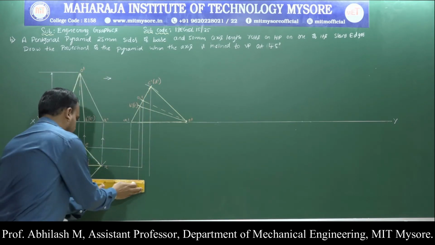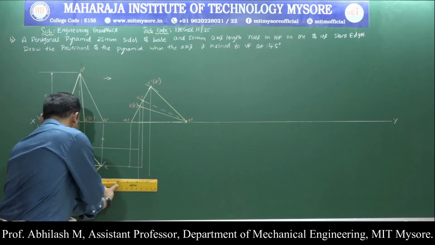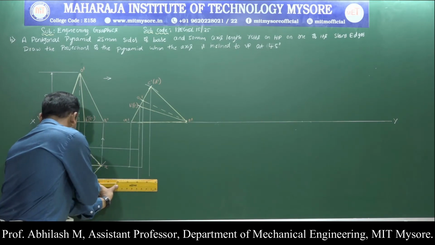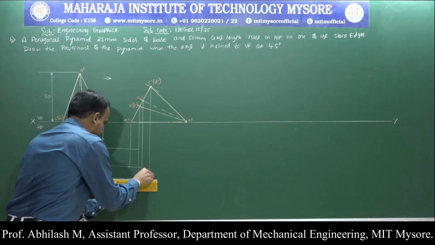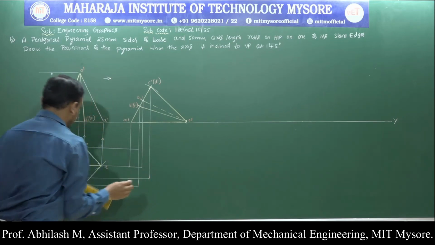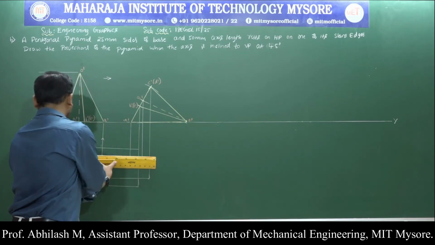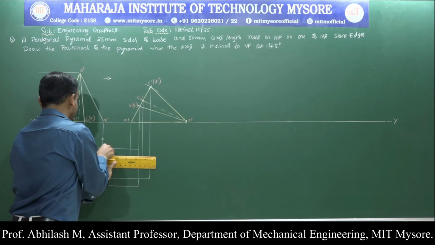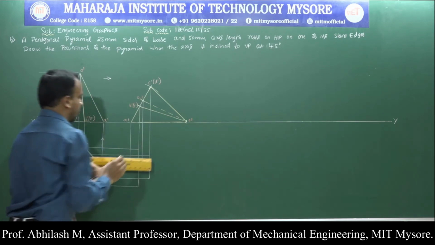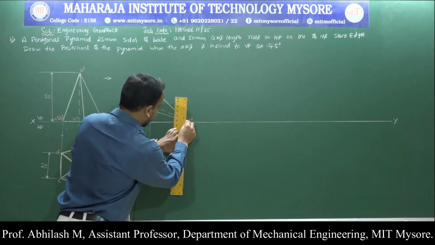Again from here, from C, again from the point of D. The only thing that is left out is from O dash, it is at the center.